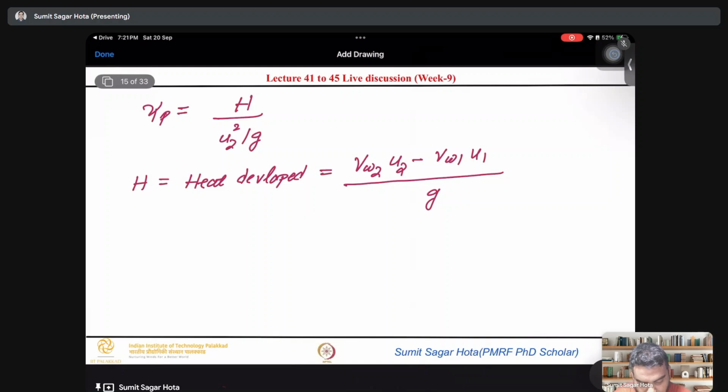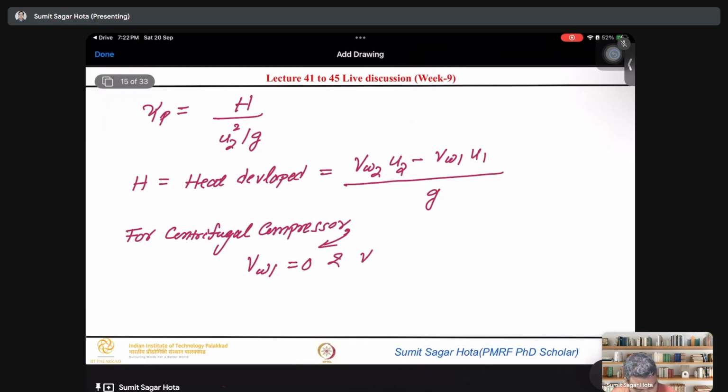For a centrifugal compressor, Vw1 is equal to 0 and V1 is equal to Vf1. These are the two conditions we already know for a centrifugal compressor.